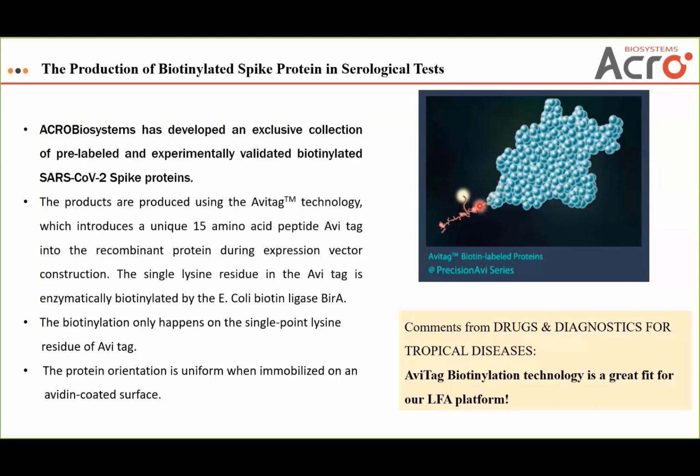The protein orientation is uniform when immobilized on an avidin-coated surface. One of our customers, Drugs and Diagnostics for Tropical Diseases, has commented after using our biotinylated spike protein that AVI tag biotinylation technology from Acro Biosystems is a great fit for our LFA platform.